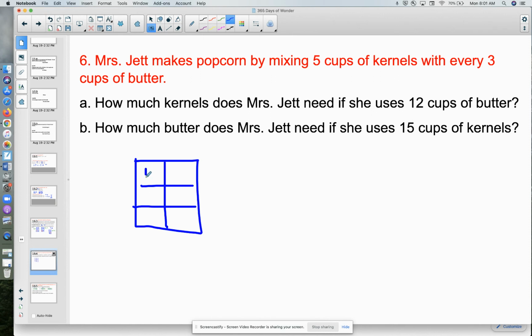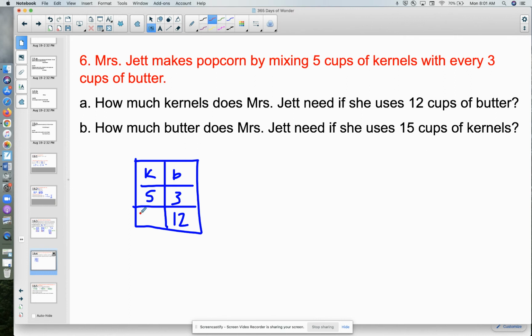We can say kernels and butter. 5 cups of kernels with 3 cups of butter. If she used 12 cups of butter, cross multiply and divide, yeah, that's 20.